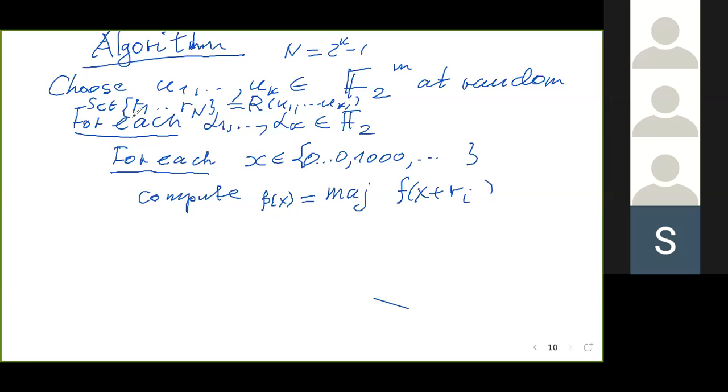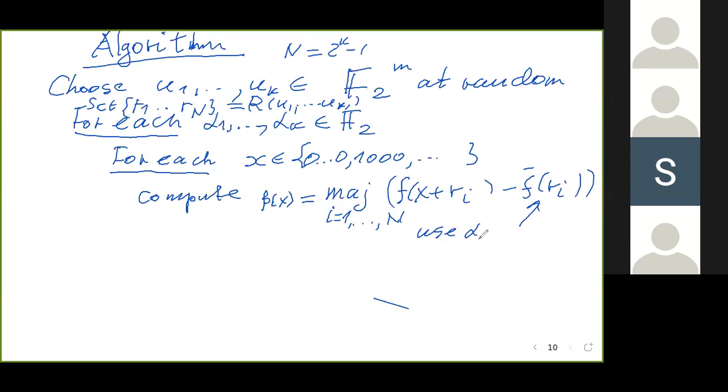Now we have chosen our voters and take the majority vote here as was said, but here we use alpha 1, alpha k to compute this. So this is unknown to us.